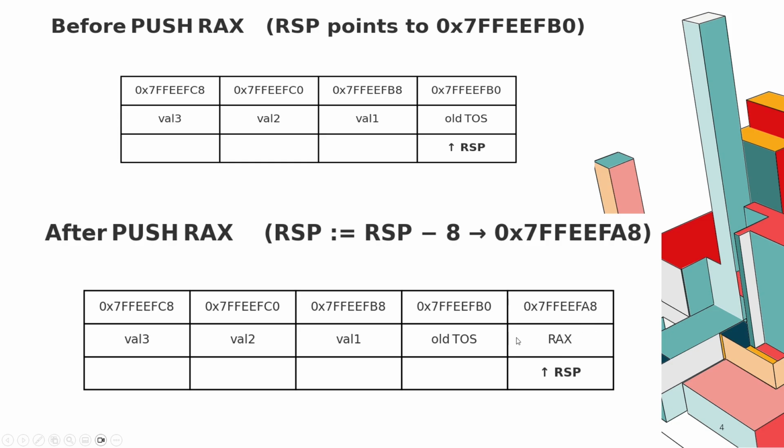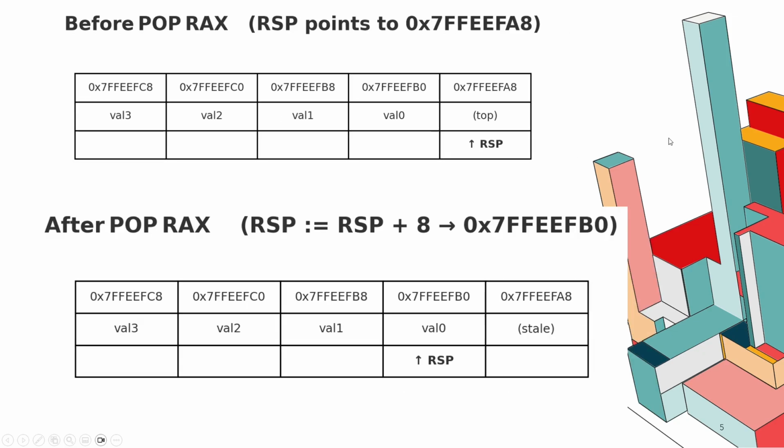So we've essentially decremented the stack pointer to make some room on the stack, and then we've added the value of RAX to that new address, okay? But the old top of the stack is still here, it's just 8 bytes up. So then if you were to call a pop on this, it would take that value back off the stack, increment the RSP register, and then it'll be pointing back to where it was before the push of RAX.